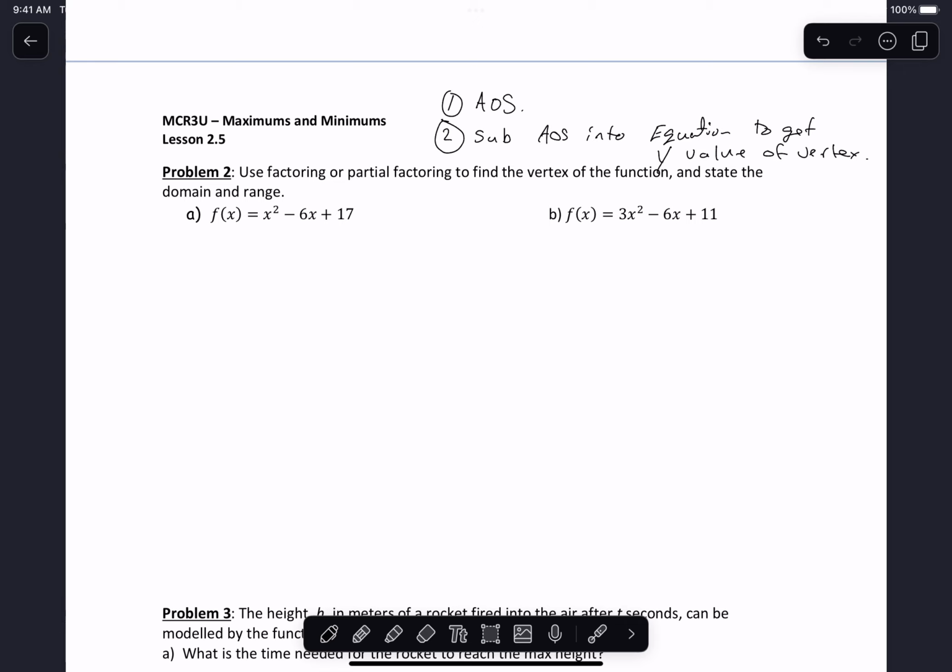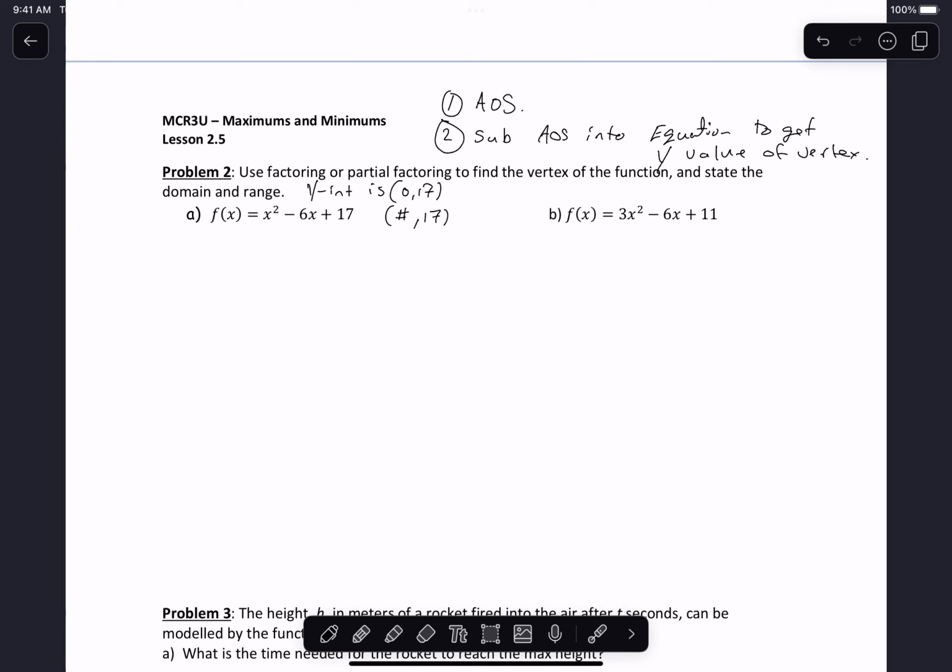Okay. So we know in part A, what's a point on that graph right away, Dylan? 0, 17 is a point on that graph. We know that the y-intercept is 0, 17. So what I'm looking for is some other x value, I don't know what it is, that shares a y value of 17.